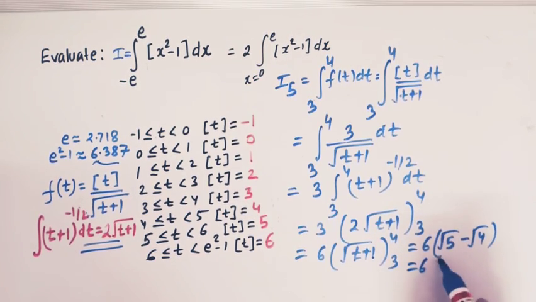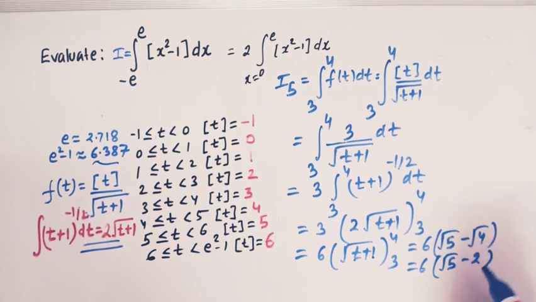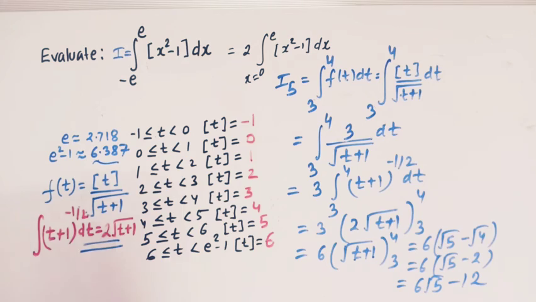So now this can be written as 6 times the square root of 5 minus 2, since the square root of 4 is 2. So this can be written as 6 root 5 minus 12, right? So the value of I5 is 6 times root 5 minus 12.